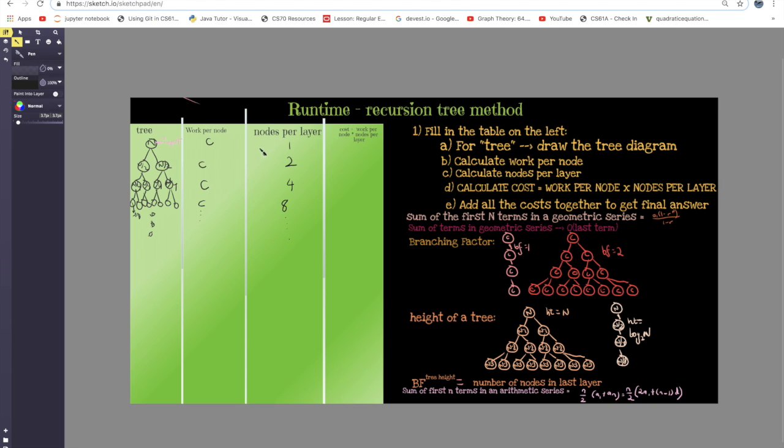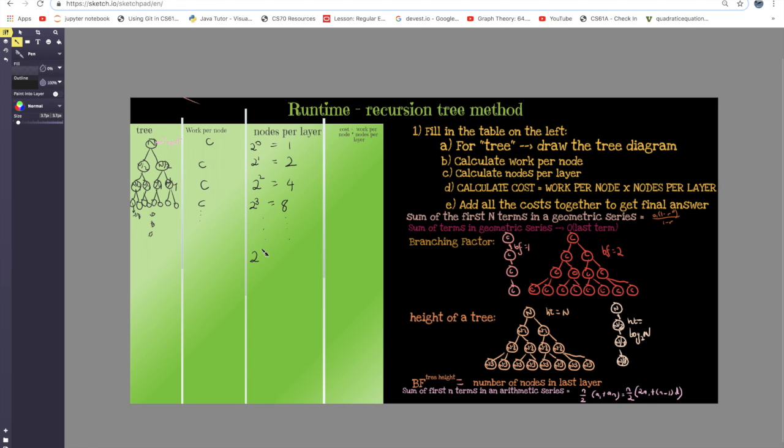So 1 is just the same thing as 2 to the power of 0, 2 is the same thing as 2 to the power of 1, 4 is the same thing as 2 to the power of 2, 8 is the same thing as 2 to the power of 3, and this will go on till the last layer. And we notice a pattern here, and because of this pattern, we can write out our last layer as 2 to the power of the height of the tree.